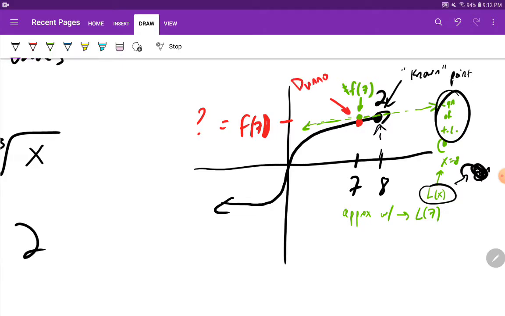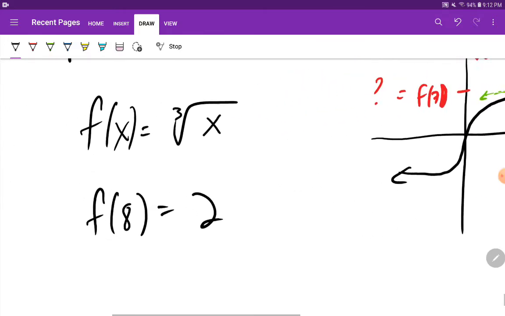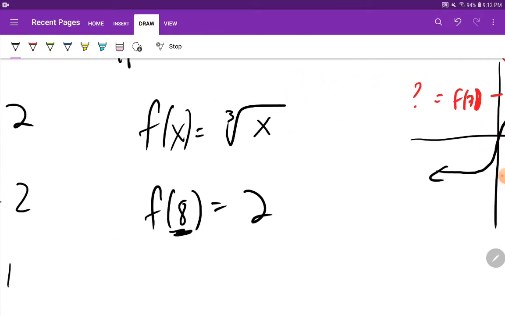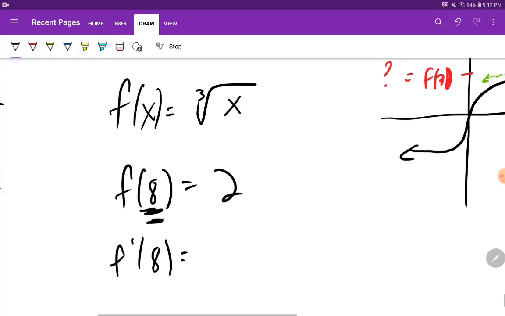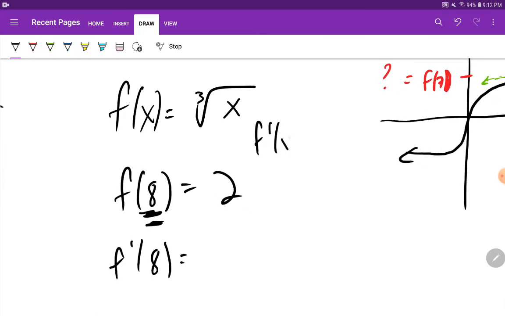So we're going to make a tangent line equation at the point that we know. Luckily for us, we have the point, and the other thing you need is the derivative at that point. So let's figure that out. What is the derivative function here? This is x to the 1/3, and this becomes 1/3 x to the negative 2/3.